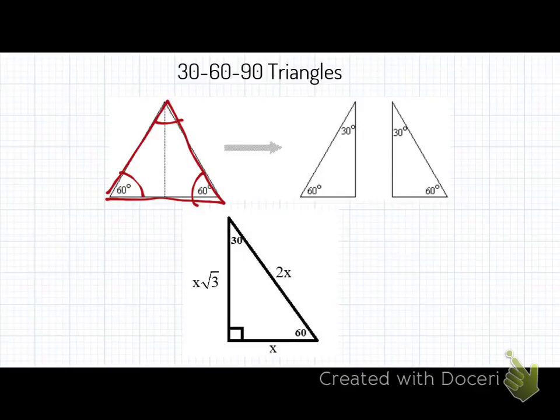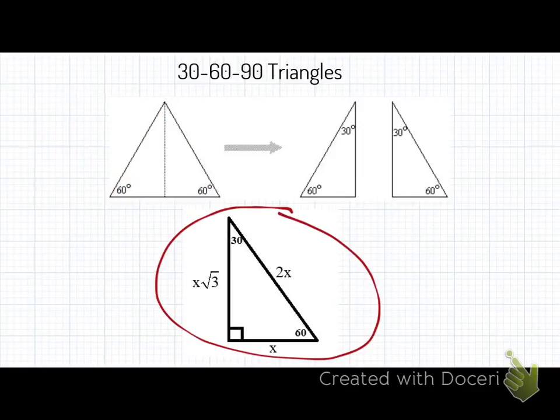So on an equilateral triangle, we could take the equilateral triangle, cut it in half, and when we cut the 60-degree angle in half, these become 30 degrees at the top. So you'll notice that it's been cut to look like these, okay? And when we apply the Pythagorean theorem to them, we get some patterns that are always consistent with 30, 60, 90 triangles.